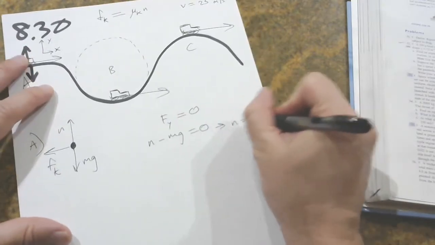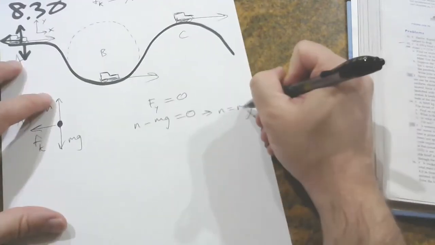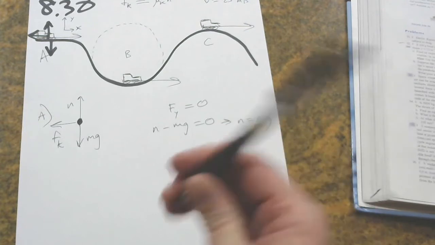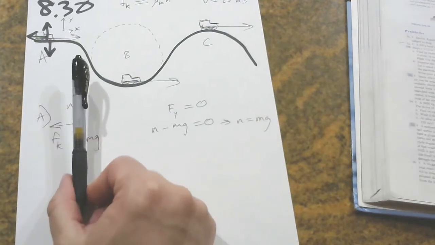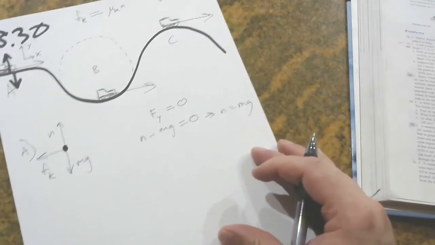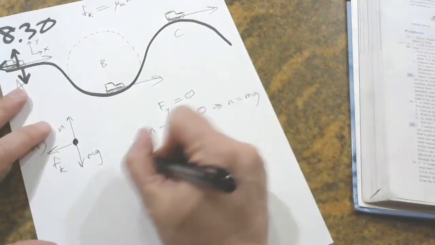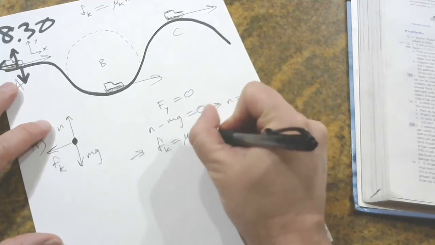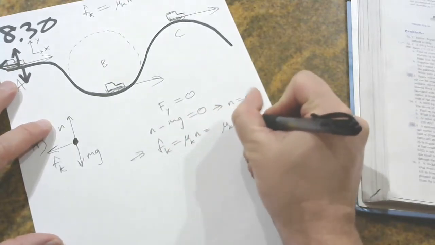This is what tells us that the normal force on the car is simply equal to the gravity force. The only way to know for sure what the normal force is, is to write F equals ma along an axis in the normal direction. Now that we know what the normal force is, we can say that kinetic friction is mu times the normal force. Well, that's going to be mu times mg.